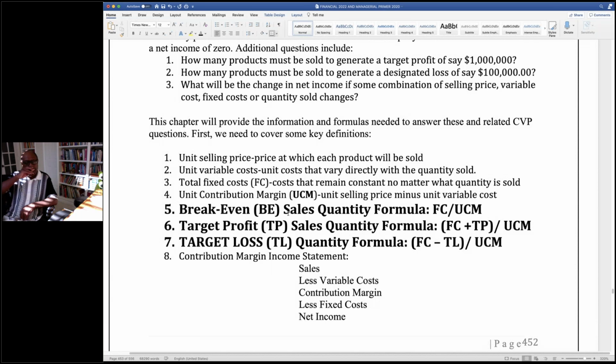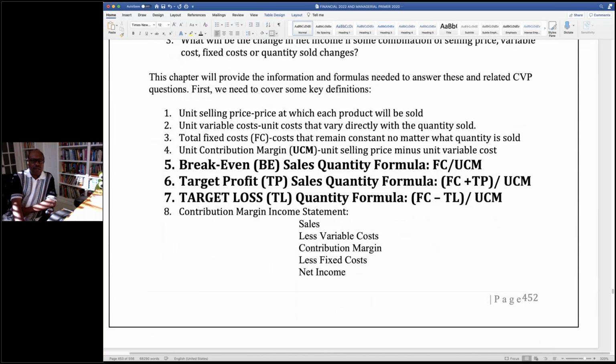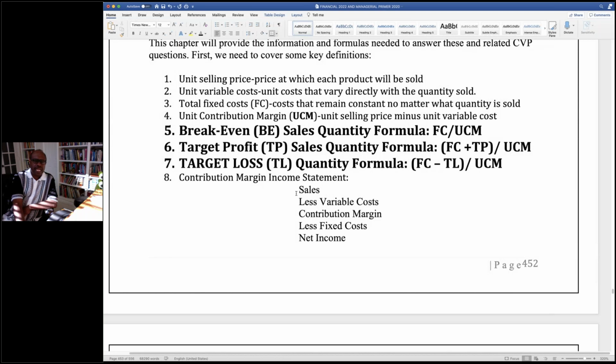As we're working, you don't have time to fool around, so you have to memorize these 3 formulas. And we also stated that now when we do an income statement, it's sales less variable costs gives us the contribution margin, less fixed costs gives us the net income.